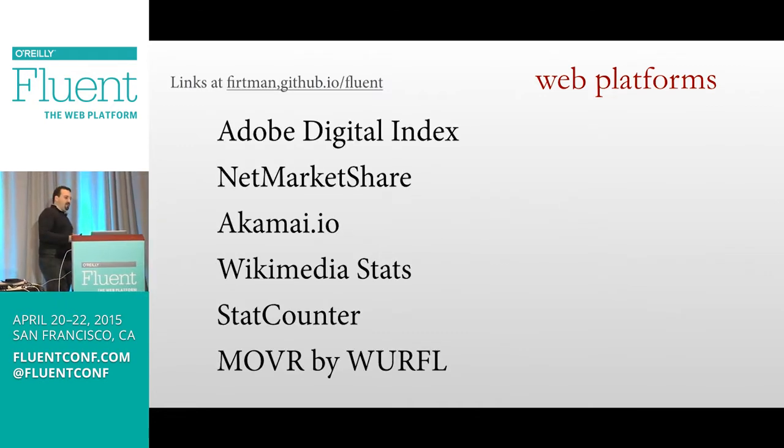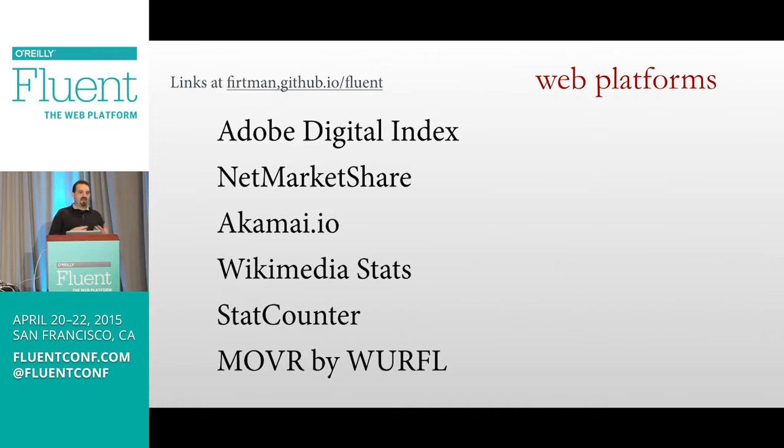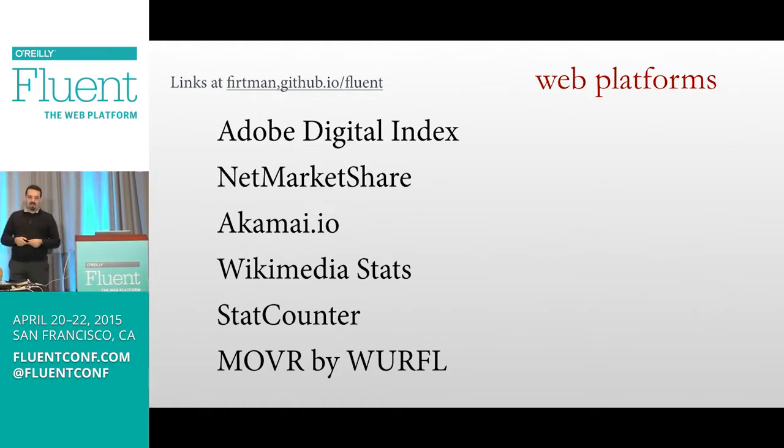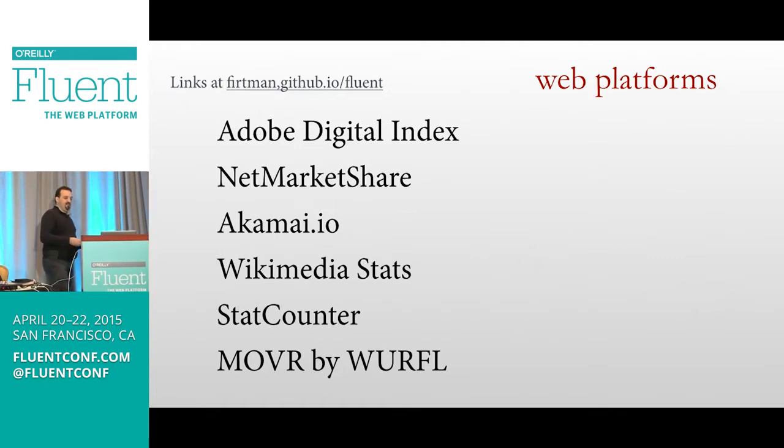There are a lot of information sources available out there to get information about the market share in terms of web browsing. You have all the links there, so you can get that raw data yourself. But I did the research on all these websites to try to get some perspective about how the mobile web looks today.